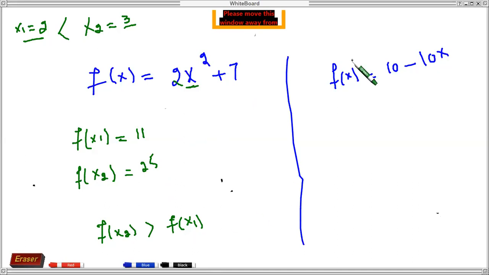Decreasing function, same. Select two numbers, like x1 is 1 and x2, you can select any number, like x2 is 3, in such condition that x2 is greater than x1. Then give values to the function for f of x1 and f of x2.